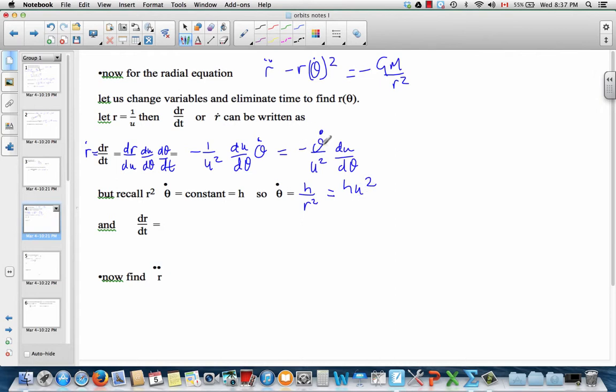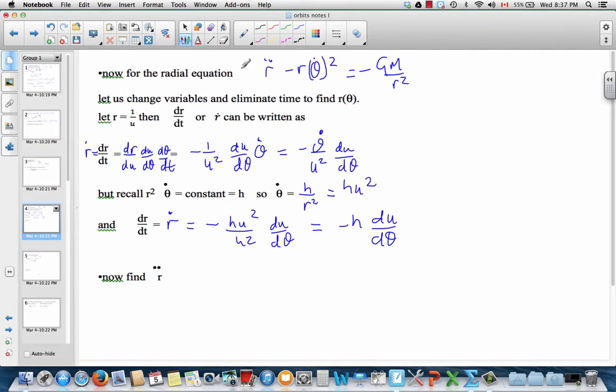So when I put that in for theta dot, I see that the u squareds will cancel out. So what I get for dr dt, which is r dot, of course, is minus h u squared over u squared times du d theta, or just minus h du d theta.